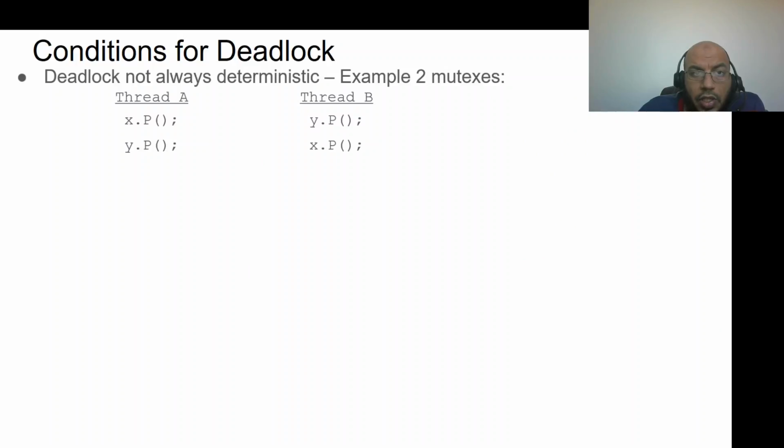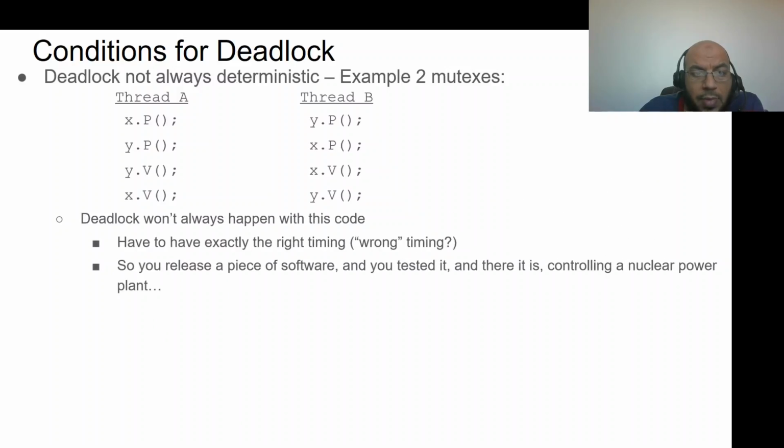Conditions for deadlock, we sort of looked at these right now. These are the same examples that we have been talking about. In this example, again, deadlocks will not always happen.